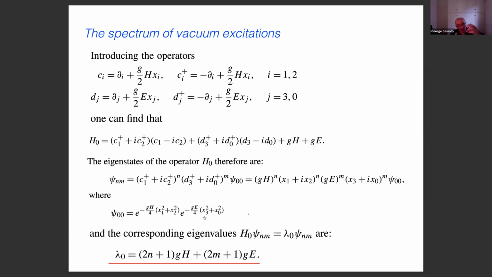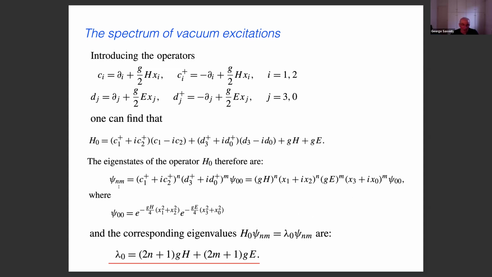So we have two oscillators in two planes, 1, 2 and 0, 3. And if we act on this wave function, you see that they have a beautiful form. It is a polynomial in n, a polynomial in m, and there is this h to the n and e to the m multiplied by this.